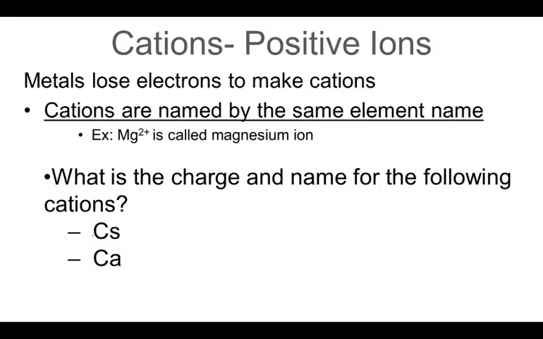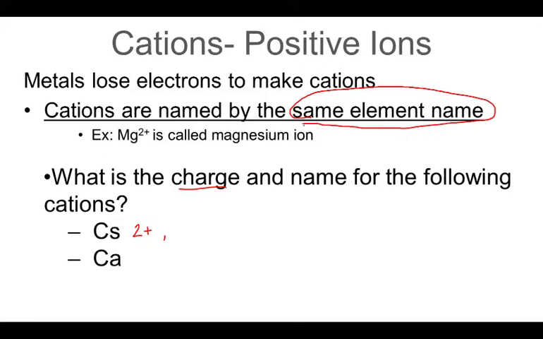When you're naming a metal ion, you're just going to use the same element name. This might seem really dumb for a second. The question says, what is the charge and name for the following cations? Cesium is in group 1A, so its charge is 1+.